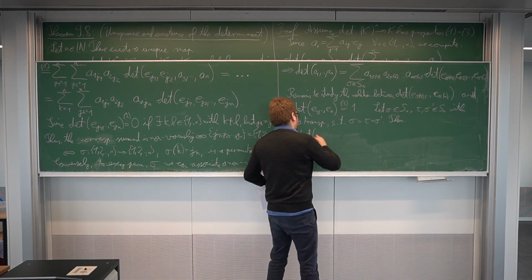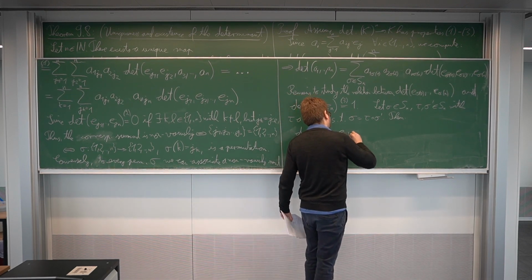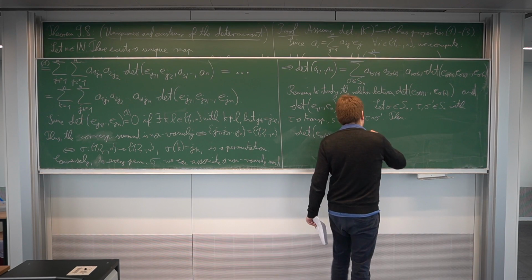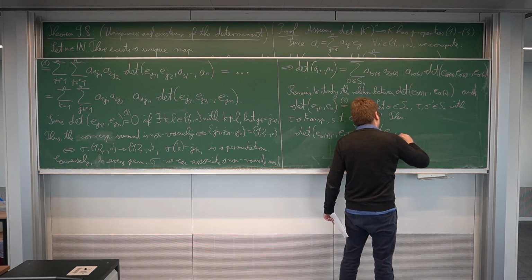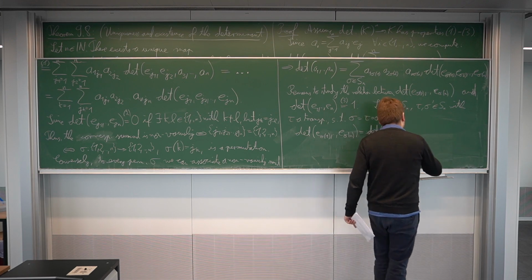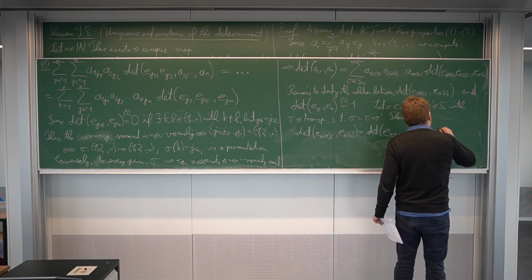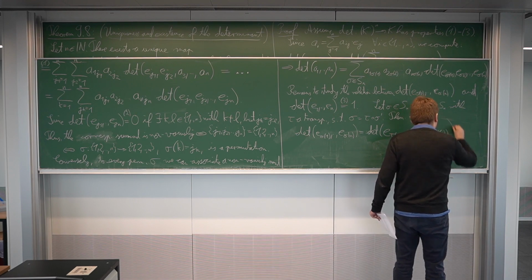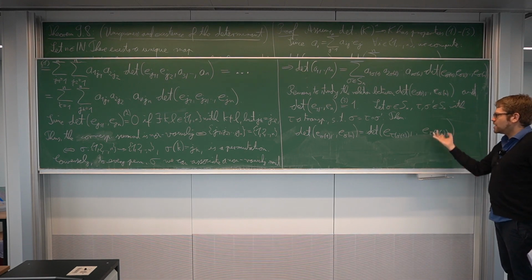determinant of e sigma of 1 to e sigma of n. Now this would be, just by construction here, the determinant of e of tau of sigma prime of 1 until e of tau of sigma prime of n. Now the effect of putting tau on is just, since it's a transposition, swapping two elements.